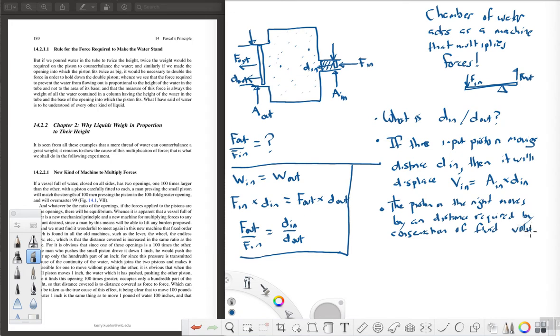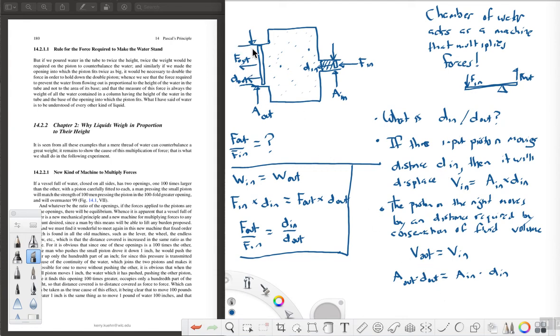Whatever fluid is pushed on the input side has to appear being pushed out on the output side. So in other words, the volume on the output side has to be equal to the volume on the input side. Or in other words, the area of the input piston times the distance that the input piston moves has to be equal to the area on the output side times the distance on the output side, right?